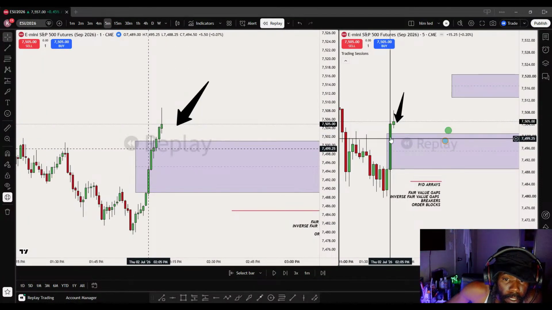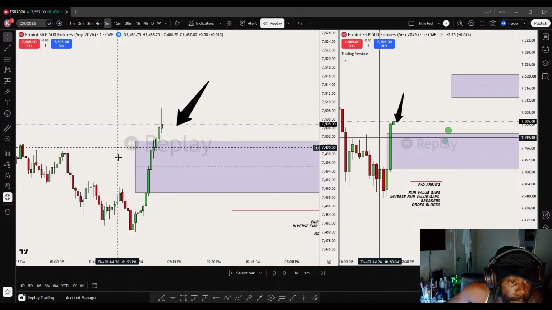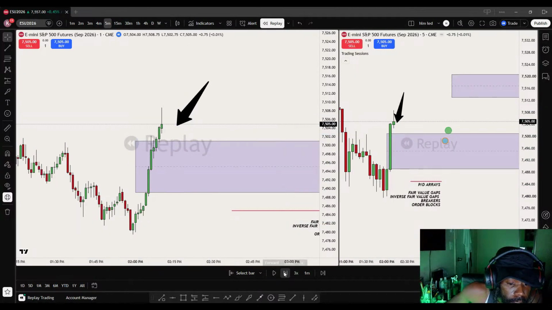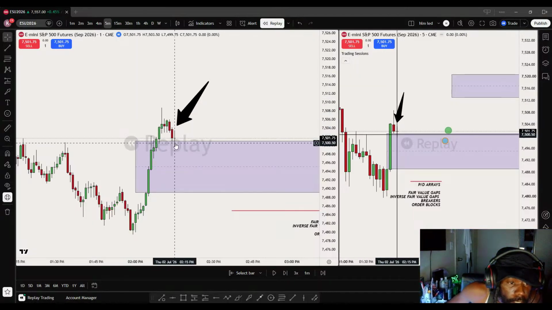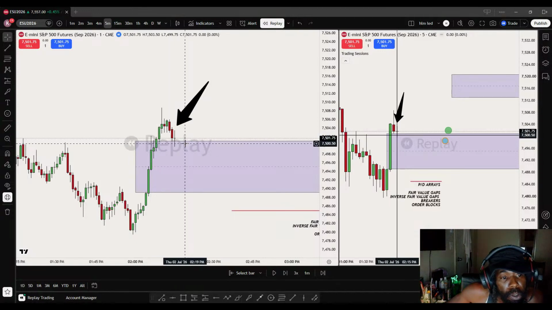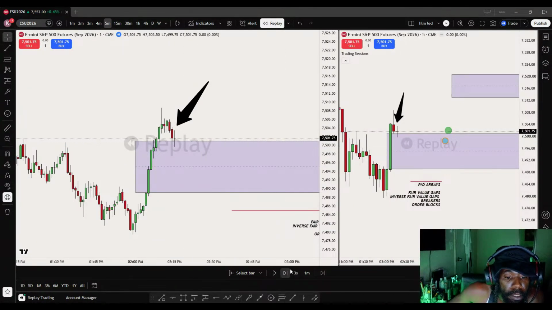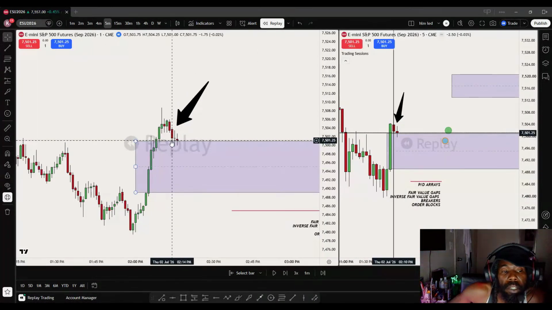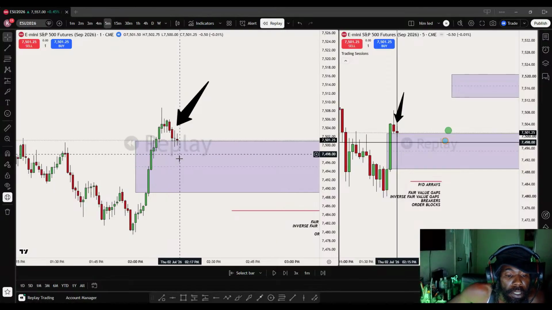We made the fair value gap, and now we're waiting on it to be retested. So we got a touch right there. So it's like, okay, cool, let's see what happened with the next candle. The next candle don't really do too much. It's right there, but it's a bearish candle though. So it's like, okay, we still patient, we still waiting.